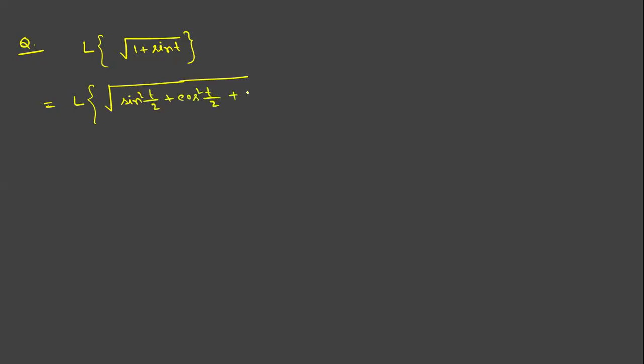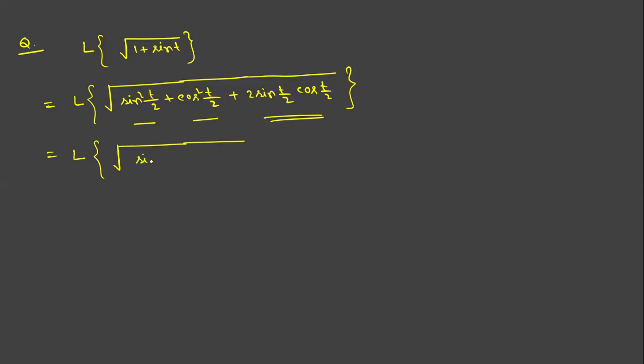We can write sine t in this form: 2 sine t by 2 cos t by 2, the sine 2 theta formula. So this is a square plus b square plus 2ab, that means a plus b whole square. So Laplace of, you are getting, root of sine t by 2 plus cos t by 2 whole square.